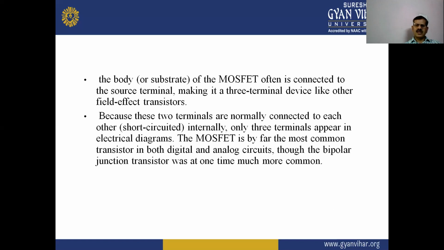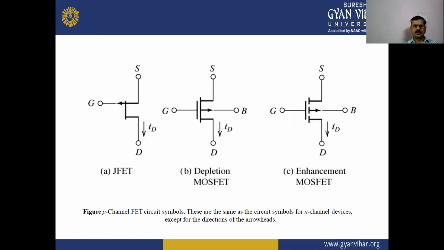The MOSFET is by far the most common transistor in both digital and analog circuits, though the bipolar junction transistor was at one time much more common.